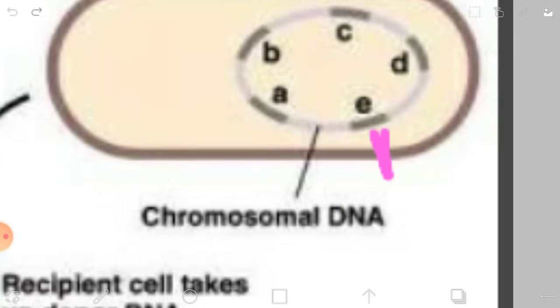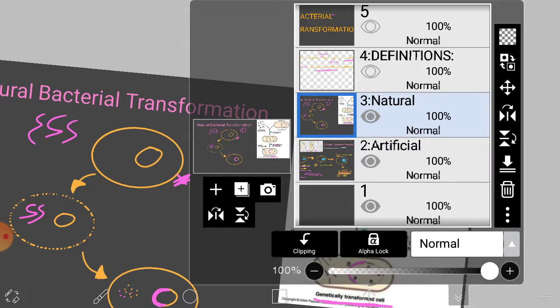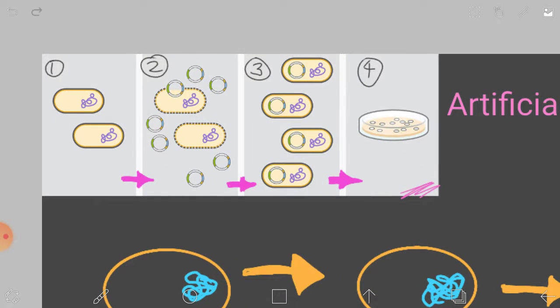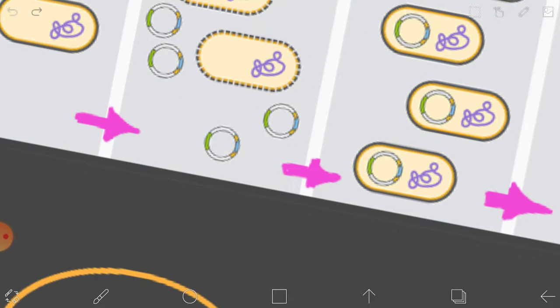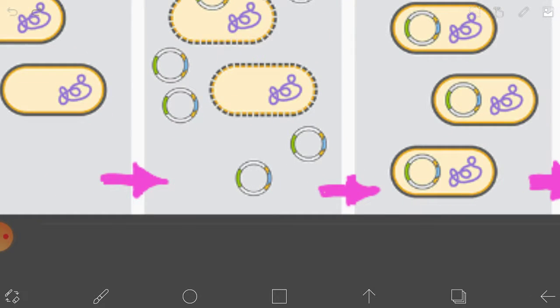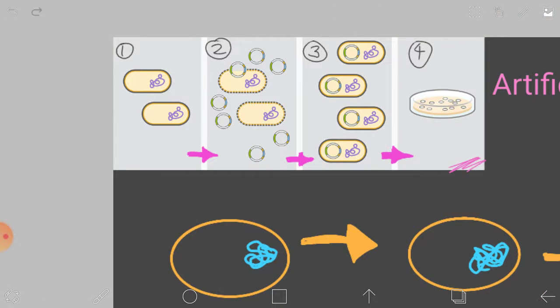Now that sickle thing could be the plasmid itself, or maybe it could just be a nucleolus or nucleus. I can't say for sure, but here in artificial bacterial transformation, plasmids are an absolute must. They're developed very frequently for this process itself.